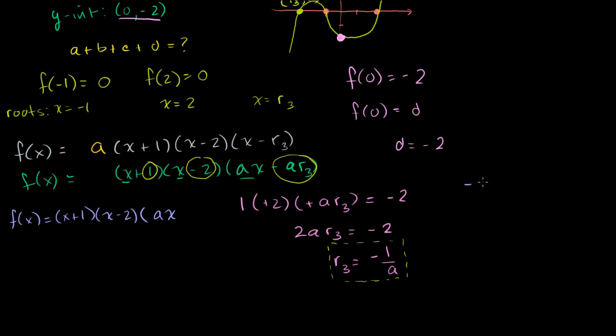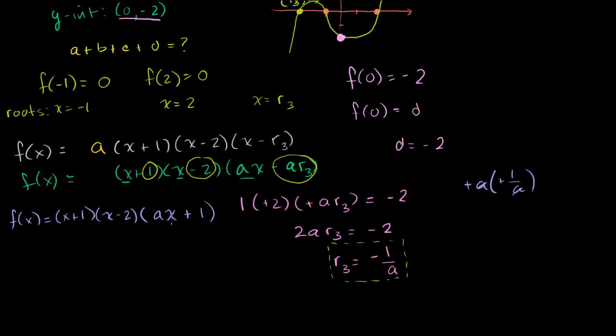Minus a times r3 is minus a times minus 1 over a. So that's a minus times a minus, that's plus. The a's cancel out, you just get a 1. So if we substitute r3 with that, this term just turns into ax plus 1. We just substituted that to get this right here.